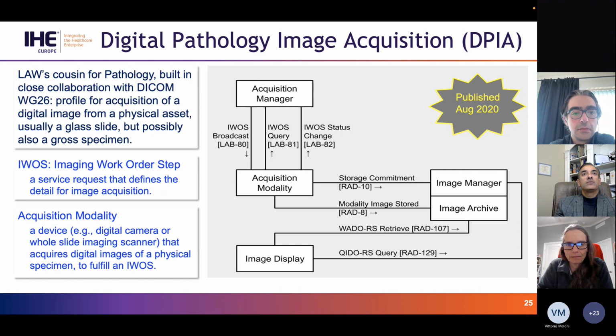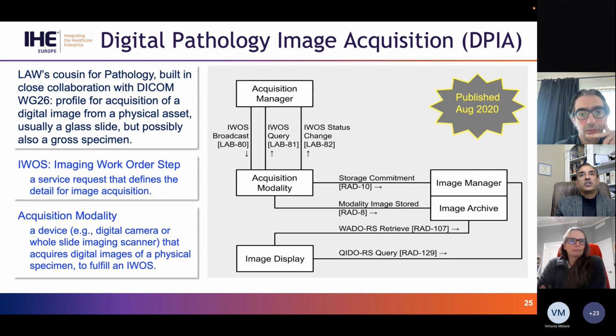And as mentioned, there's two different workflows, one where information is broadcast to the scanner about the slides that are going to need to be imaged, as well as an ability just to put a glass slide into a scanner and then have the acquisition modality query the scanning software for the information that it needs, such as magnification, boundary areas, those kinds of things, parameters to properly scan that slide in.